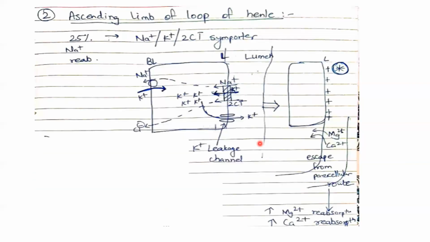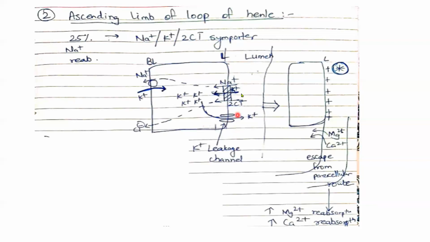So coming back here, again understand, this is your lumen. This is a cell which is lining your lumen. This is the luminal side and this is the basolateral side. So the sodium, potassium, that is Na plus, K plus, 2Cl minus symporter is present at the luminal side at the ascending limb of loop of Henle.